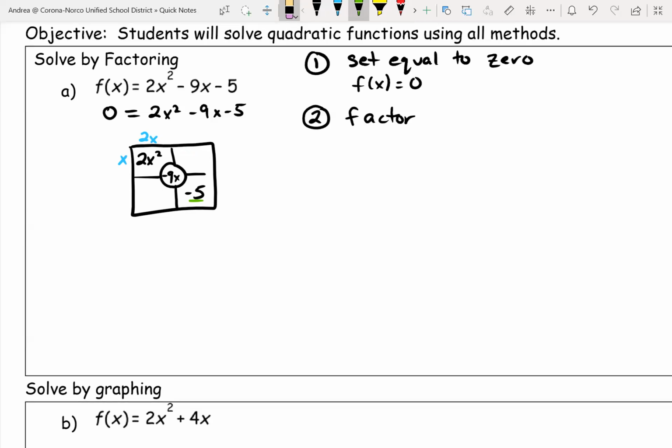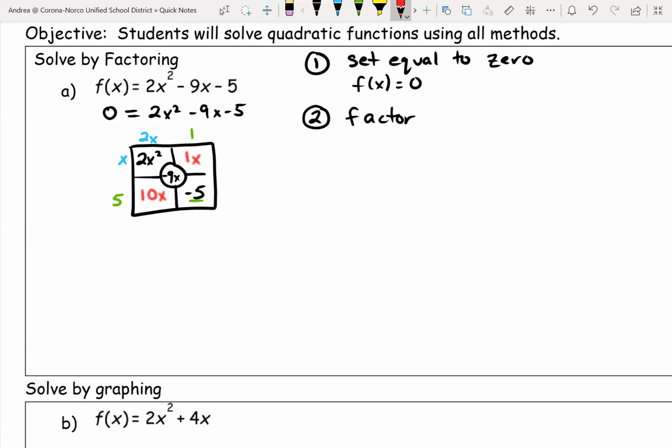Okay, this time I'm going to put the 5 here and the 1 here and see if that works. So 1 times x is 1x. 2x times 5 is 10x. Now if I subtract those, will I get negative 9? Yes.